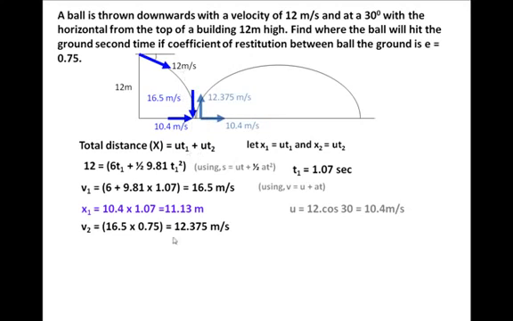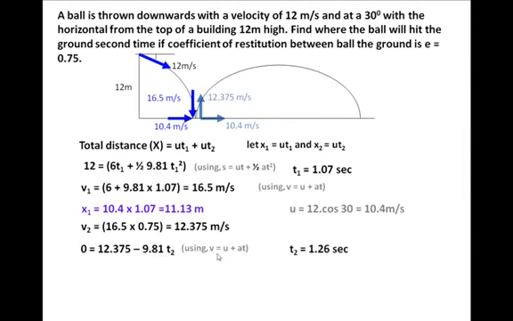So here you get your v2. Now you have enough information to work out t2. There are a number of ways of doing it. We have chosen this. We find this t2, the time required to reach the maximum height, by v is equal to u plus at.